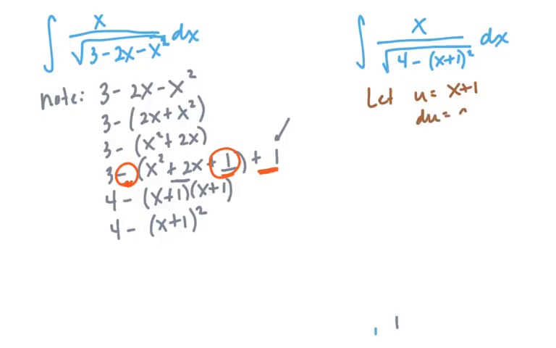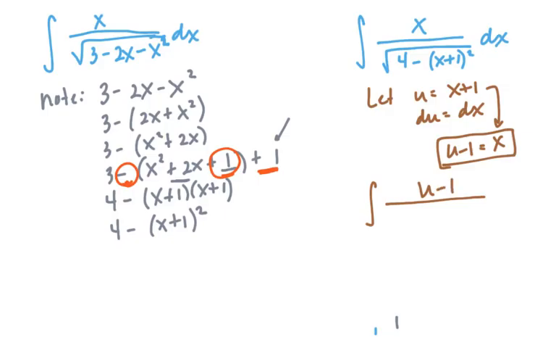Then du is dx, so that's all good. But we have to take this, and we need to solve for x. So x equals u minus 1, because we have to substitute it on the top as well. So we rewrite this problem to be u minus 1, and in the denominator, we have 4 minus u squared du.